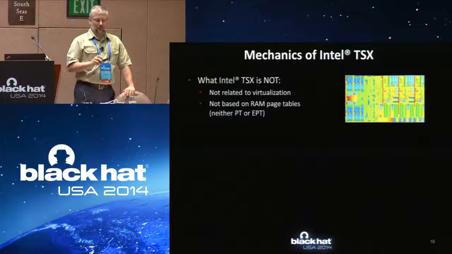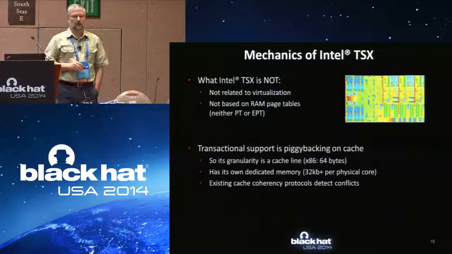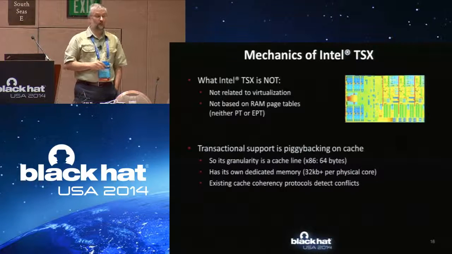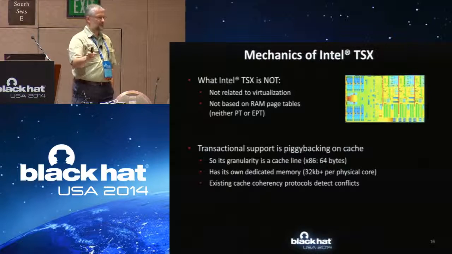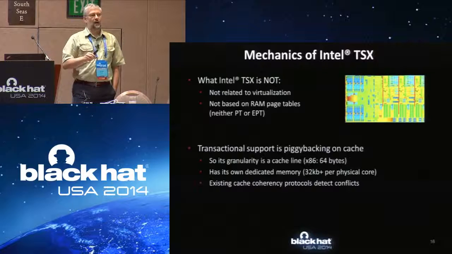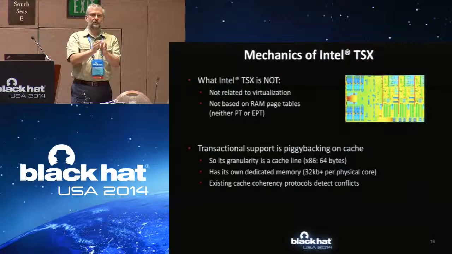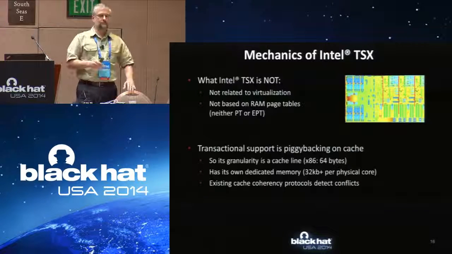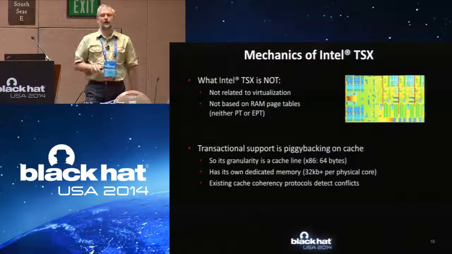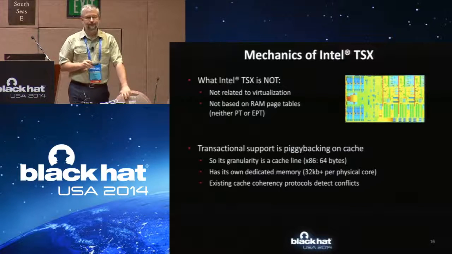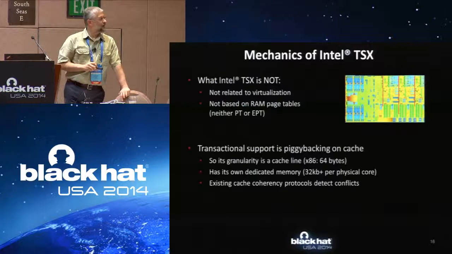And it actually piggybacks on how the CPU processes accesses to memory through cache. So the granularity of these accesses is the cache line, 64 bytes. And transactional memory can detect conflicts within cache lines, but it cannot detect with better granularity. So inside 64 bytes, what exactly was the conflict place is not visible to the programmer.